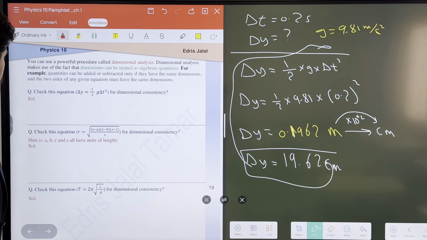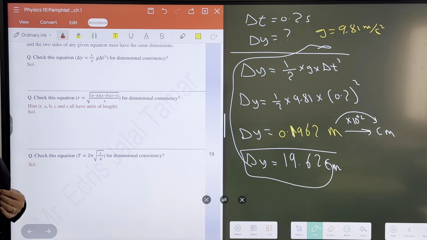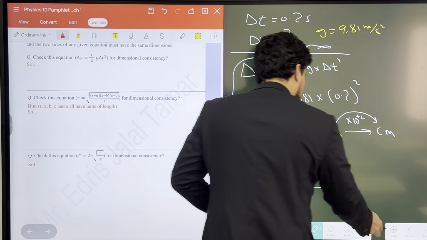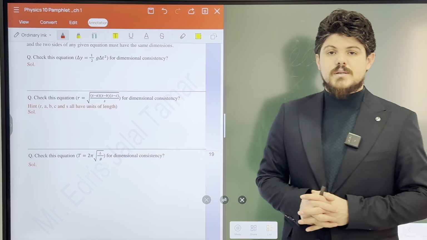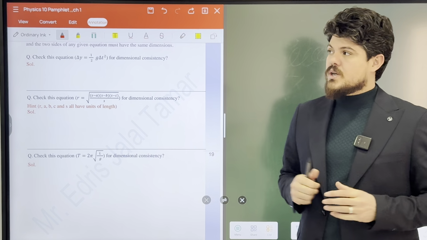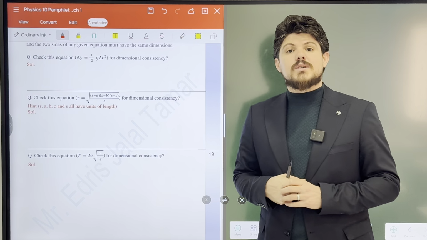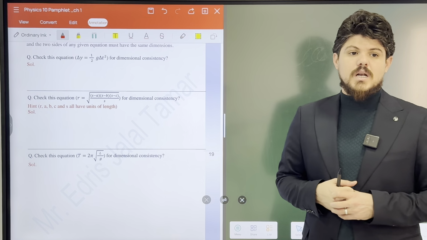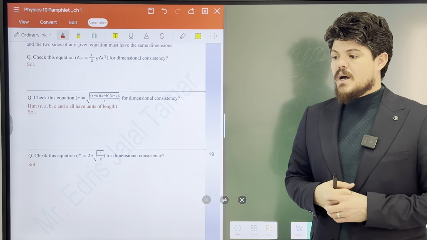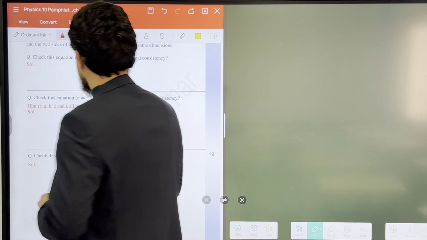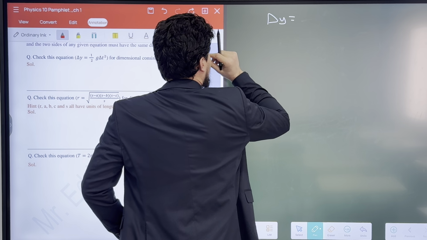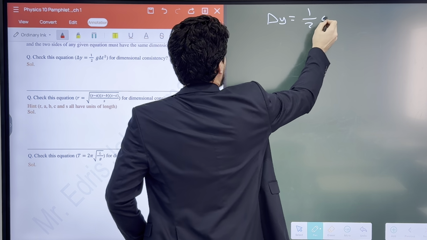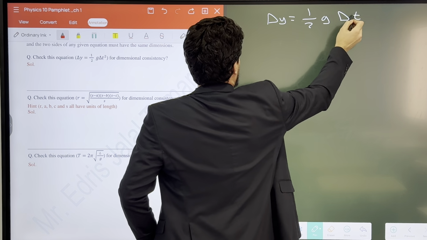Now, dimensional consistency is very important. Guys, we have several equations in physics, and all the equations in physics must be consistent. What do I mean by consistency? Now I'm going to explain dimensional consistency. For example, delta y, according to Galileo's equation, is equal to 1 over 2 g t squared.